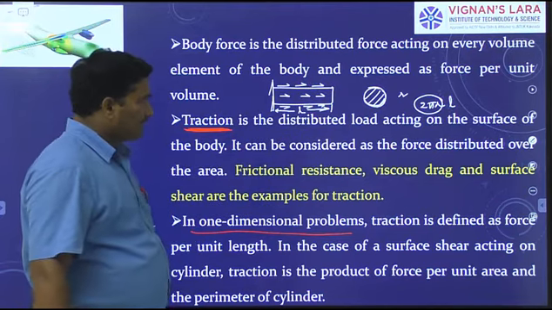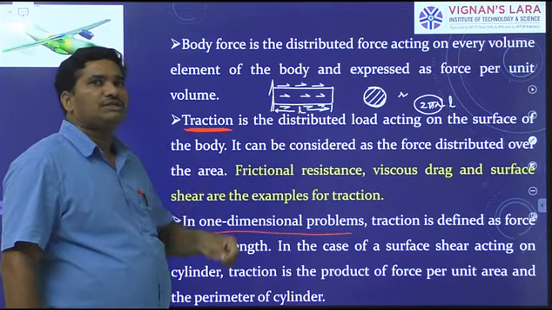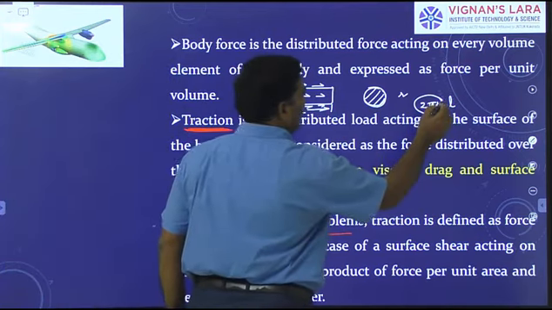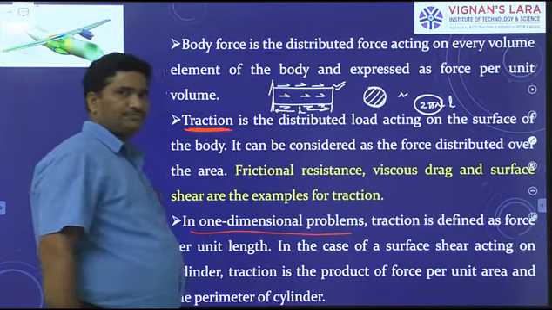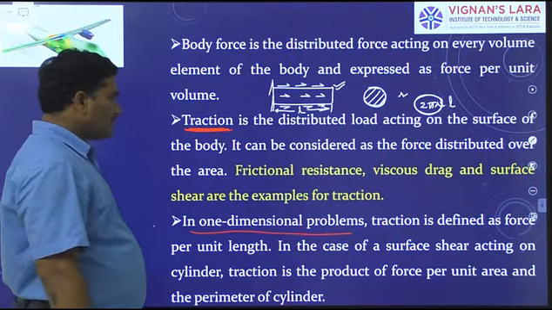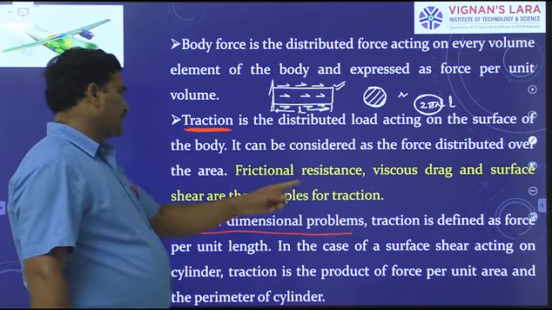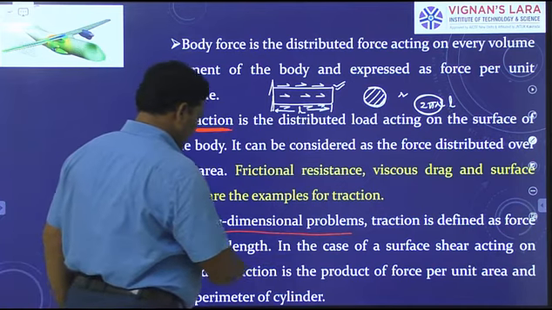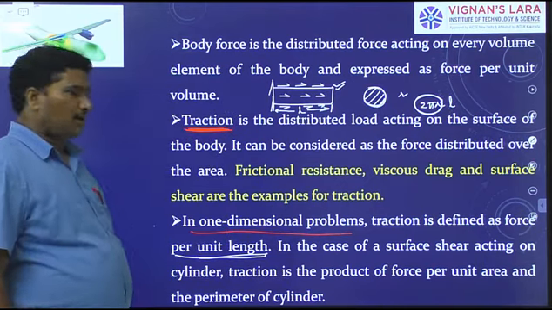Hence, we can define the traction as the force distributed over the length because the perimeter is constant throughout the length of this bar. Understand? That is what I have written here. It is defined as the force per unit length. Understand?